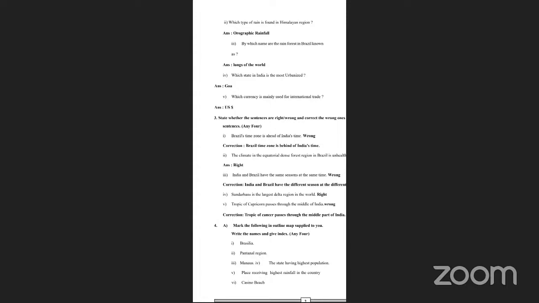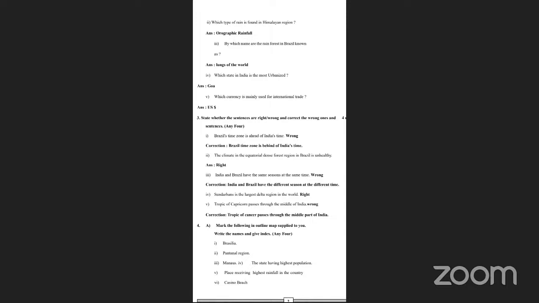Then question number 3, state whether the sentences are right or wrong and correct the wrong ones. First one, Brazil's time zone is ahead of India's time. Answer wrong. The correction is Brazil's time zone is behind India's time.